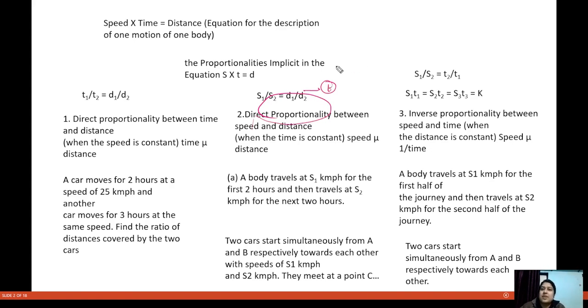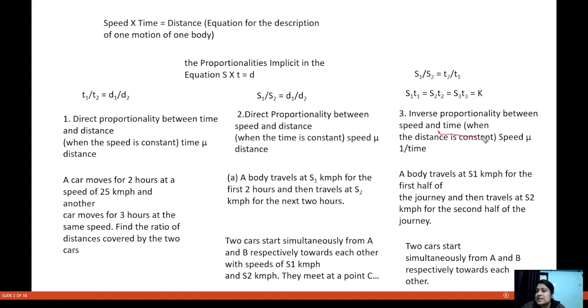So for example, if they are starting from here, to cover this distance D, even if one travels distance D1 and the other travels distance D2, depending upon the ratio of their speed, the point at which they meet, the time they are traveling till that point is the same. So here time is constant. Recognize this thing, that whenever two people are meeting, the time they are traveling is the same.